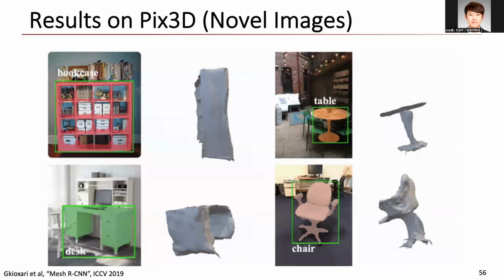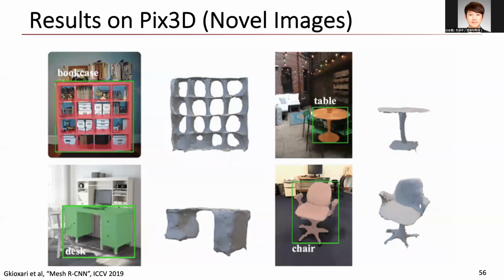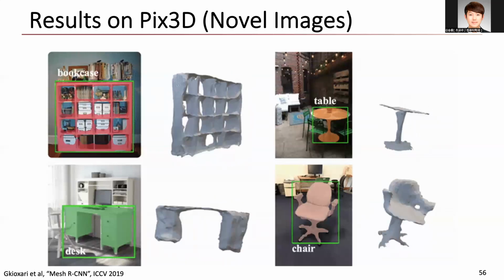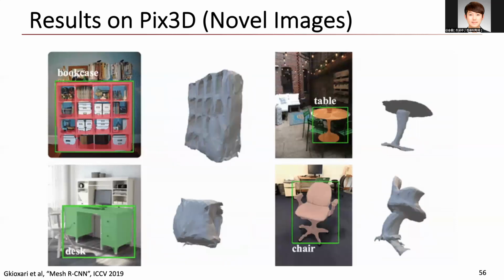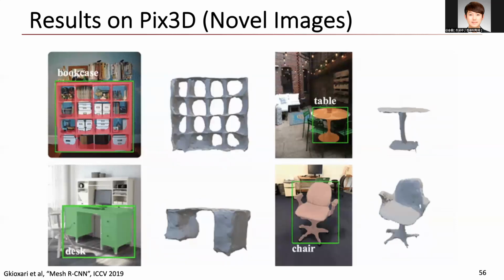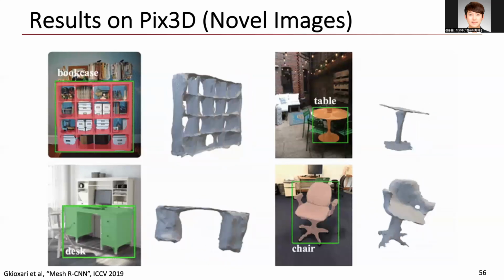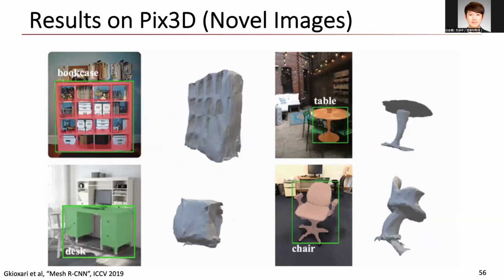This is another example. Given an instance object, a novel or unseen image, the Mesh R-CNN network can estimate or predict this full mesh model.